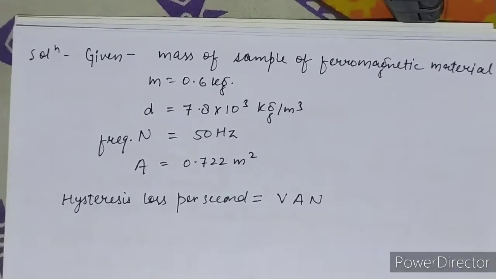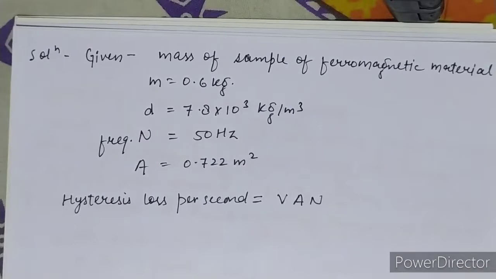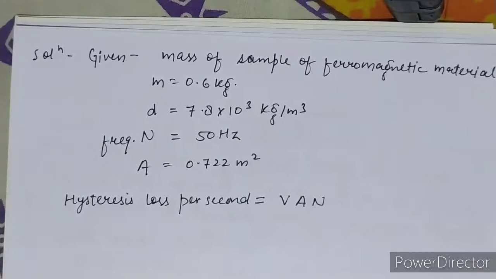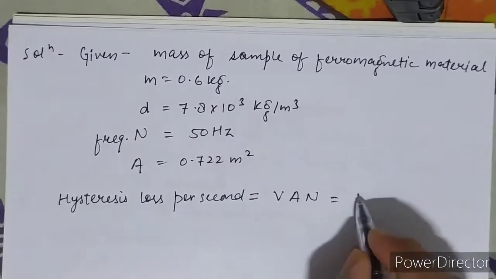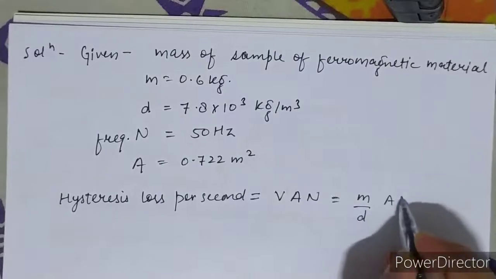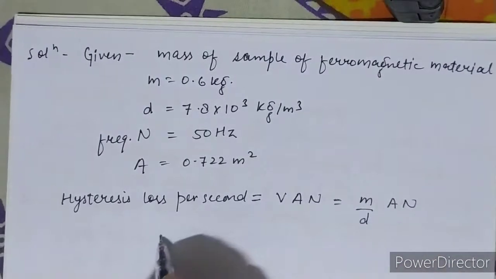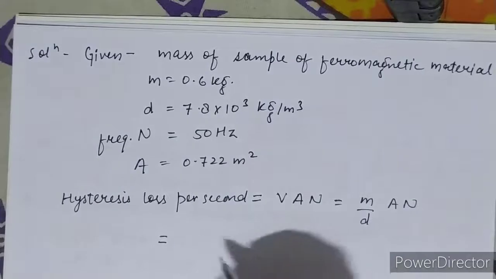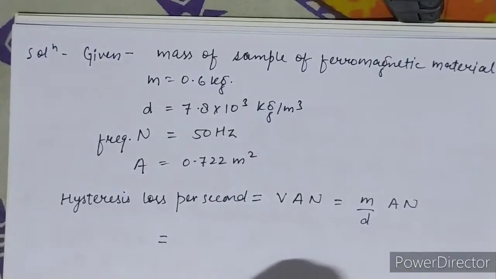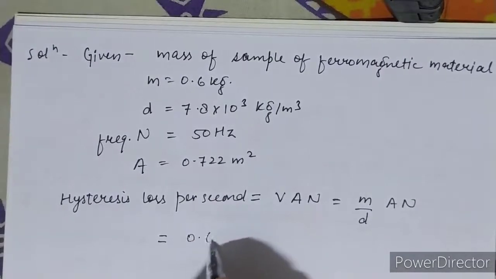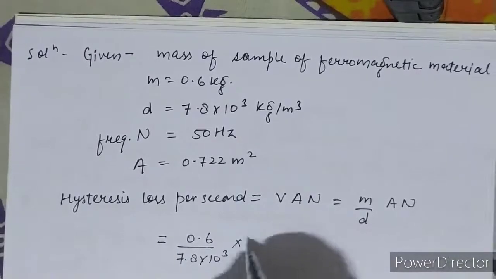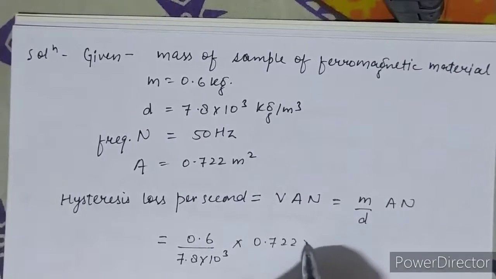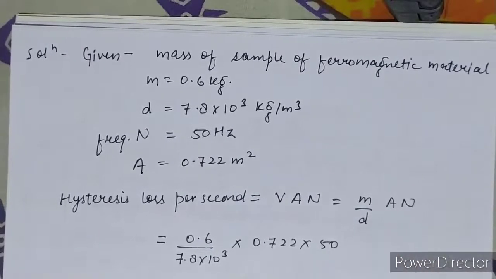Here in the question we don't have the value of volume, so you know very well that the formula for volume is mass upon density, which we can utilize here. So mass upon density, area and frequency. Here I am just writing the values given in the question: mass 0.6, density 7.8 into 10 to the power 3, area is 0.722 and frequency is 50.